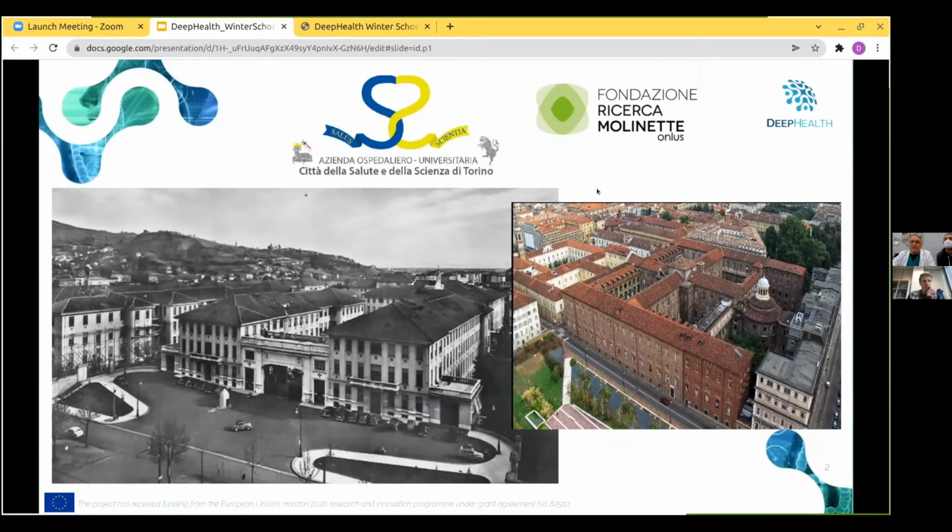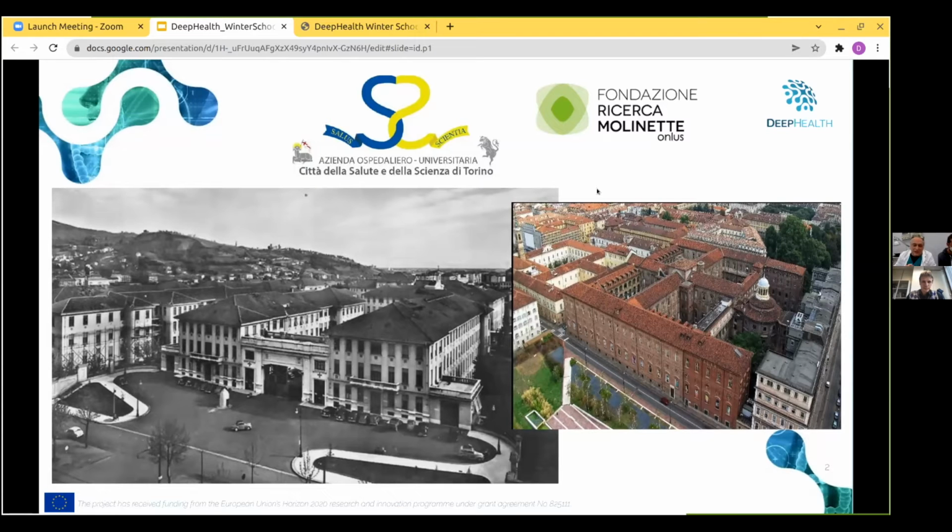DeepHealth took place in my hospital, and the City of Health and Science of Turin is the oldest hospital in Piedmont, and one of the largest in Italy. It is a regional and national reference center for many diseases, particularly for organ transplant. 300 years of healthcare for the city.